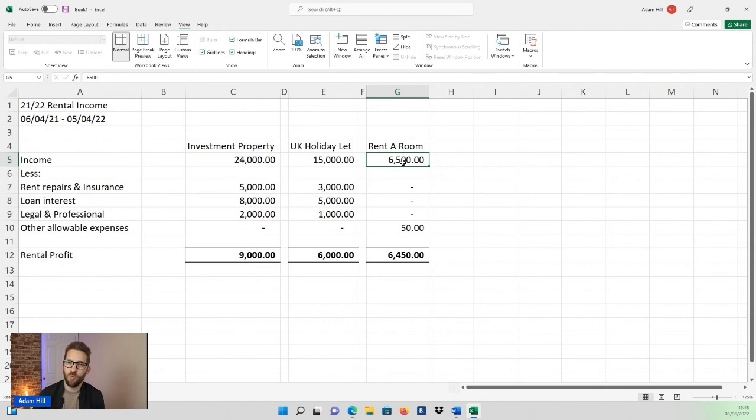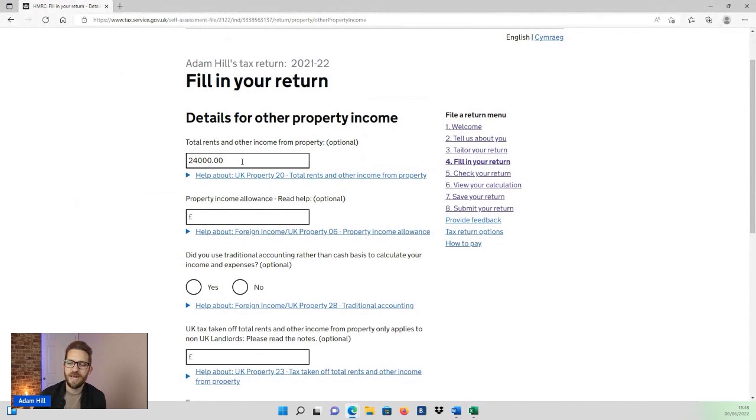If the full amount wasn't covered by the allowance, so let's say I had £10,000 of rent a room income, then you would actually need to include that in this box here. So you'd include the full 10,000 plus your 24,000 in this case. And then later on in the return, you're given a chance to deduct the 7,500 of rent a room relief. And I'll show you where that goes in a second.